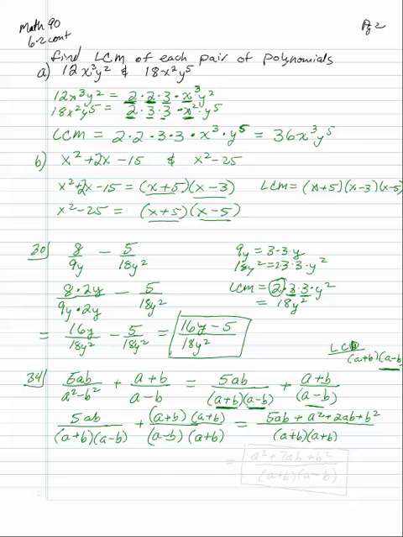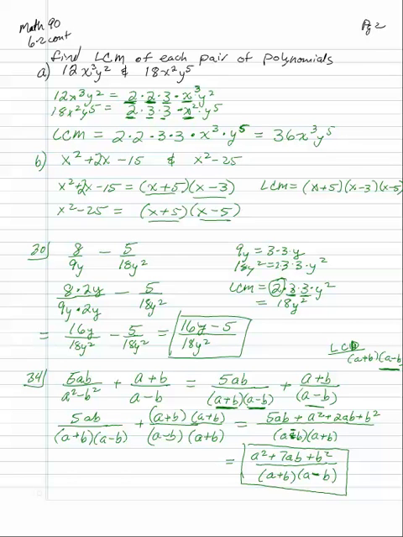And then combine like terms. So I got a squared plus 7ab plus b squared over a plus b, a minus b. I copied that wrong at first. It doesn't matter which one's plus, which one's minus, as long as you got both. Alright, so there you go.